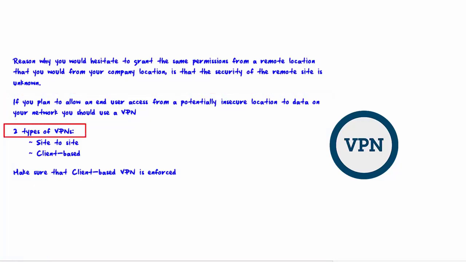Now there are two types of VPNs, site-to-site VPNs and client-based VPNs. What we're talking about here is client-based VPNs. Here, a piece of software is installed on the end user's laptop. This allows the remote user to establish a VPN from his laptop to the security appliance that sits on your home network.